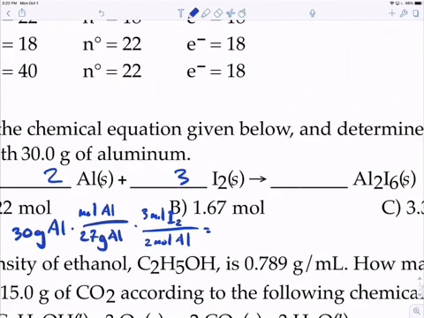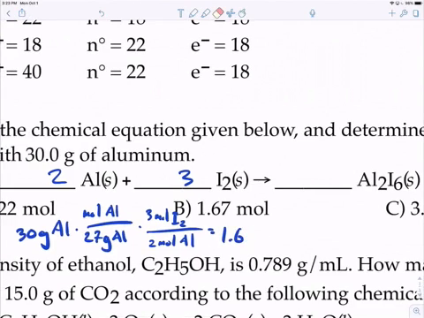And that's going to be a little bit bigger than 1.5, so it's probably B. Yep. It's the Z bar. I'll round it up. So that's this one.